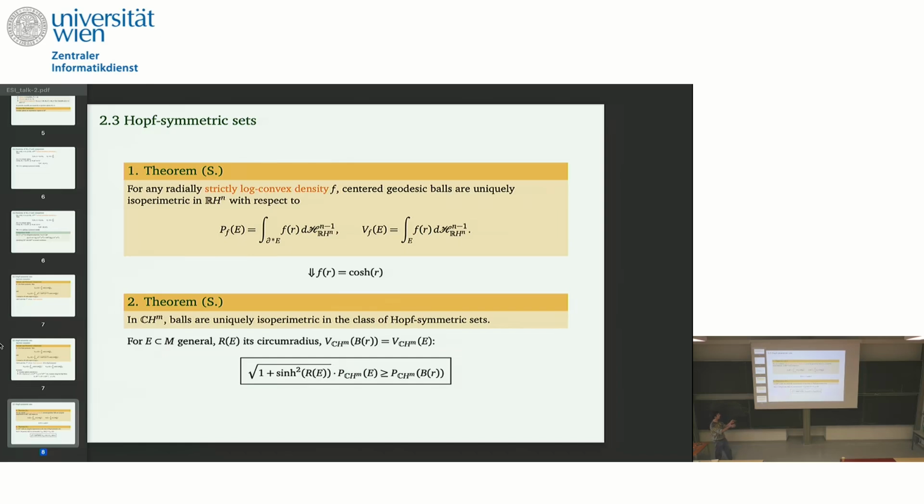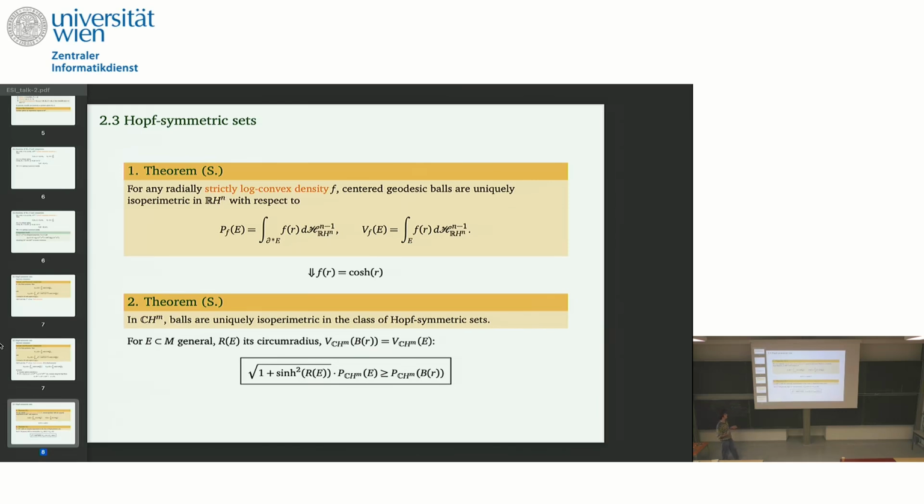Okay, so it's a ball containing your competitor, and of course the bigger the ball, the bigger the error is, but the smaller it is, the hyperbolic sine goes to 0 also. This tells you that the smaller your set is, the more similar the complex hyperbolic space is to the real hyperbolic space, which is something that you are expecting. Okay, but the important result is this one. This is a very simple consequence, just looking at the formulas.